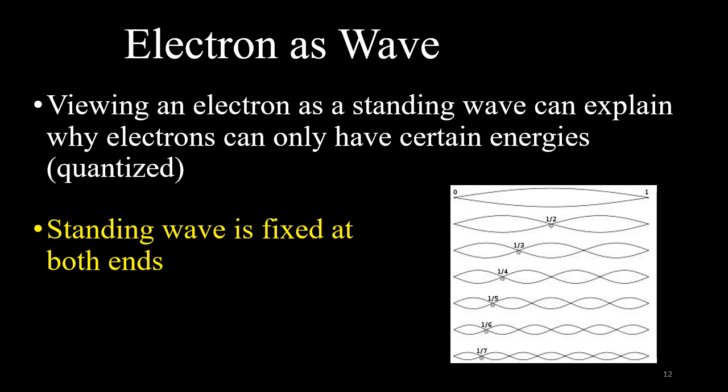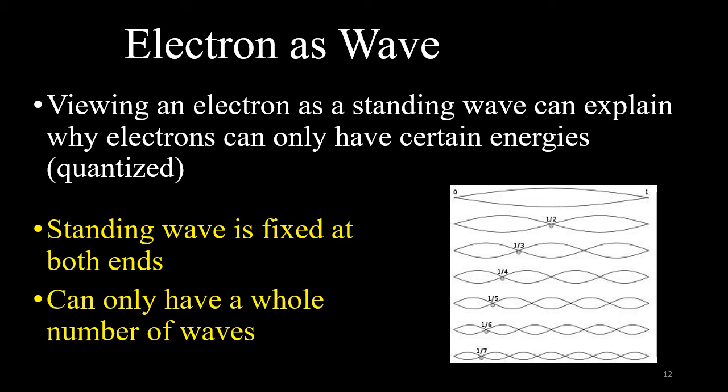If you pluck that string and make it vibrate, it creates a standing wave. So you have a whole wave between those 2 points. If you then hold your finger in the middle and create a node there, securing the wave in the middle as well, it's now fixed at both ends and in the middle. Now you get 2 standing waves.